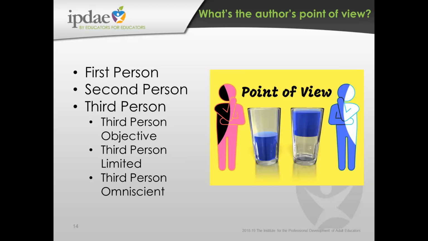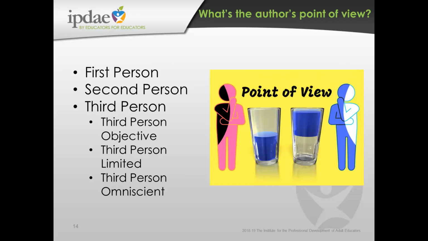The narrator is objective. With third person limited, again, the narrator at this point reveals those thoughts and feelings of a character through explicit narration, telling us kind of what that person's doing so that we can infer.